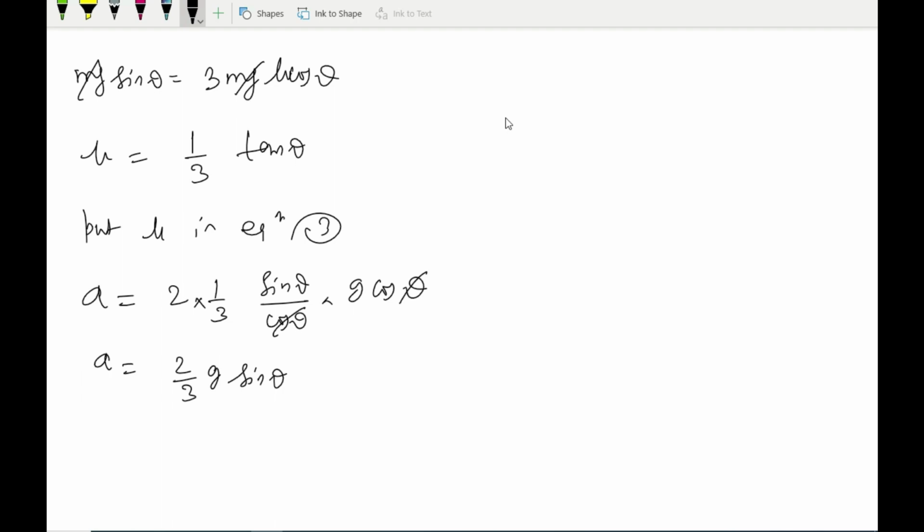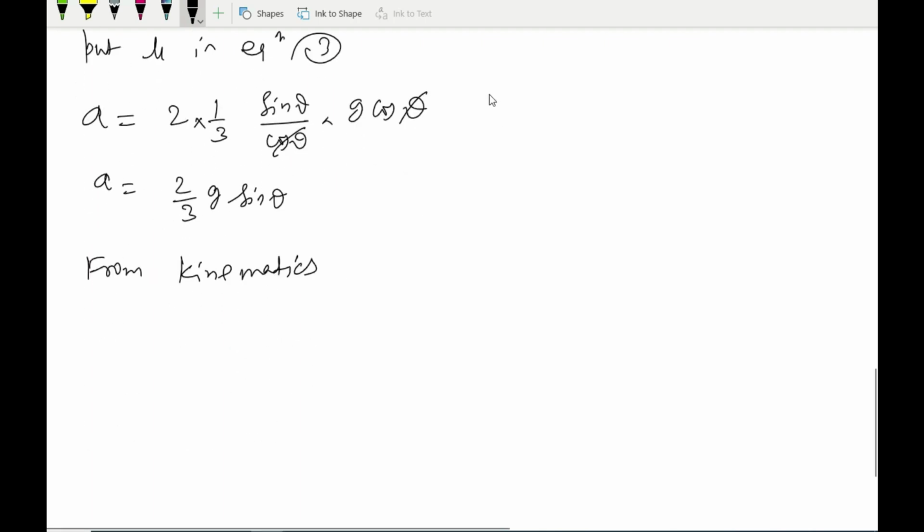Now it's easy. How will you find the velocity when it reaches the ground? Apply kinematics. Kinematics is nothing but the equations of motion. Which formula will you apply?